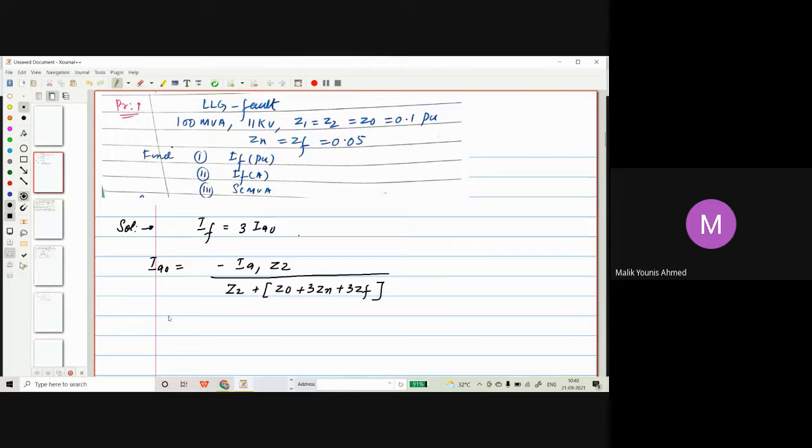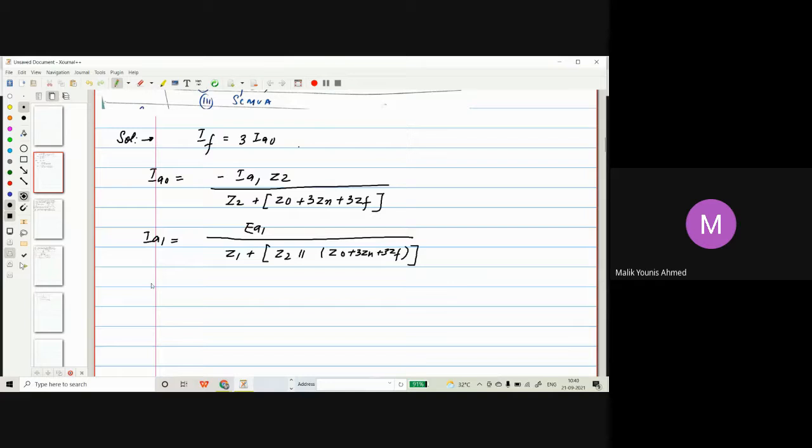And out of this, IA1, which we got last time, is EA1 divided by Z1 plus Z2 in parallel with Z0 plus 3Zn plus 3ZF. This is the expression in simple form.